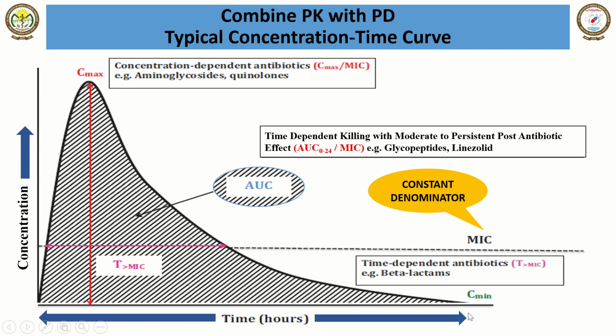That means your dosing is at 8 hours, and you want 40% or 50% time. So 50% time means 4 hours during that dosing interval when the antibiotic concentration should be above the MIC. So T more than MIC means the percentage of time where the antibiotic concentration is above the MIC. I won't talk about this in greater detail.